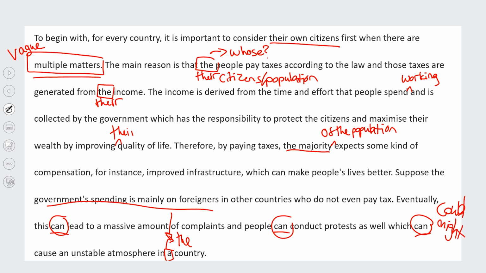So he said this can lead to a massive amount of complaints, and people could conduct protests as well, which might cause an unstable atmosphere in the country. He could use may as well if he wanted to. Okay, so then in the same sentence, can make sense, but you want to paraphrase it to improve your vocabulary score. So those are 3 examples in this sentence where he could improve that area.